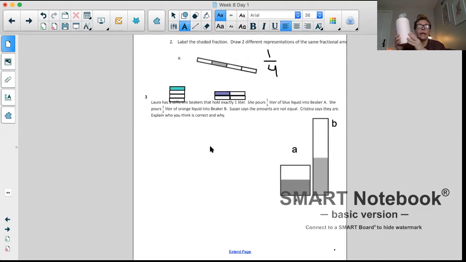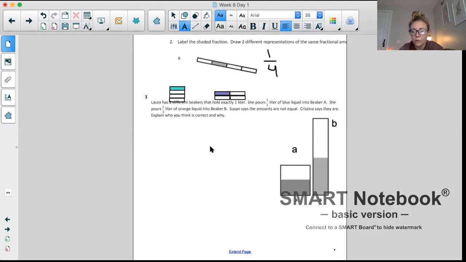So if there's 1/2 liter into container A, and that is blue, and there's a 1/2 liter of liquid from container B that is orange, even though they look different in the beakers because one beaker is wider and shorter and one beaker is taller and skinnier, it's still 1/2 of 1 liter, no matter how it looks in a beaker.